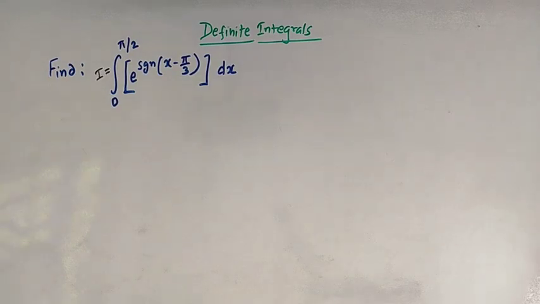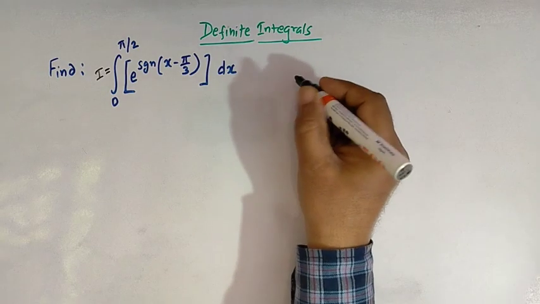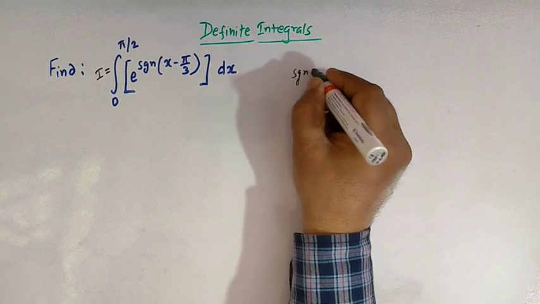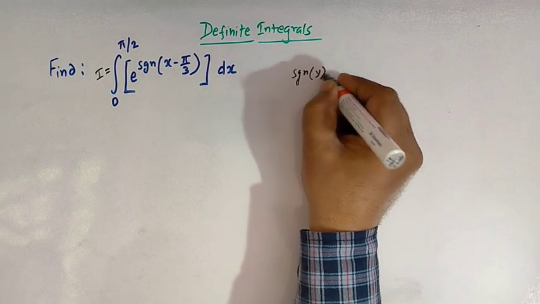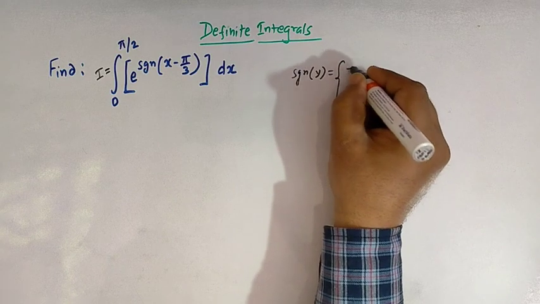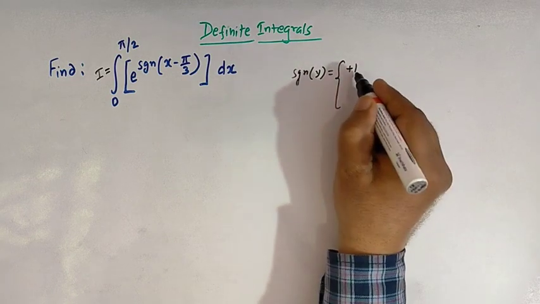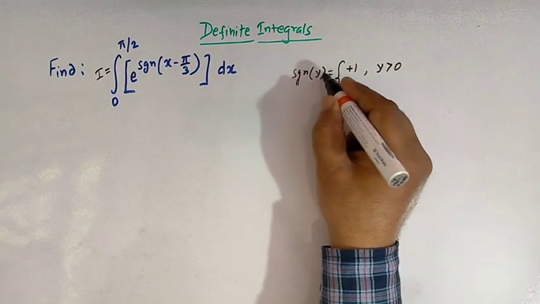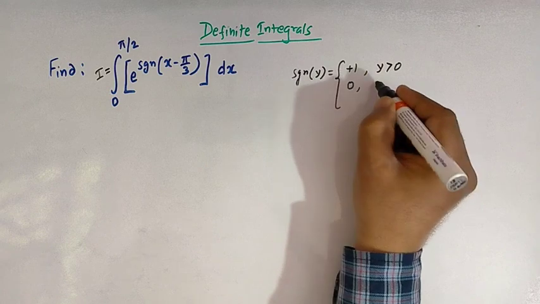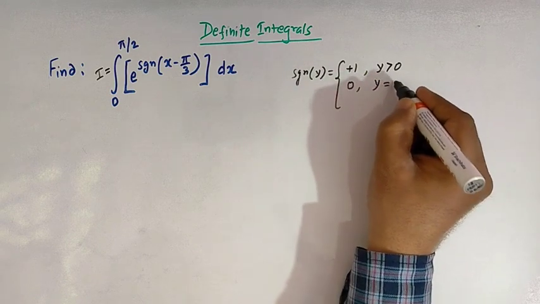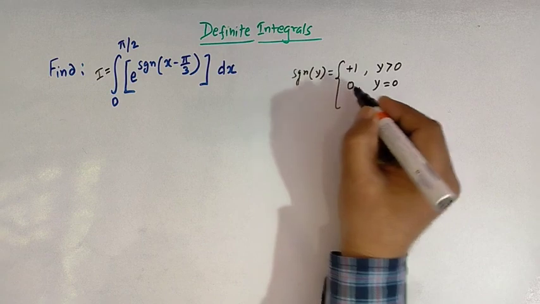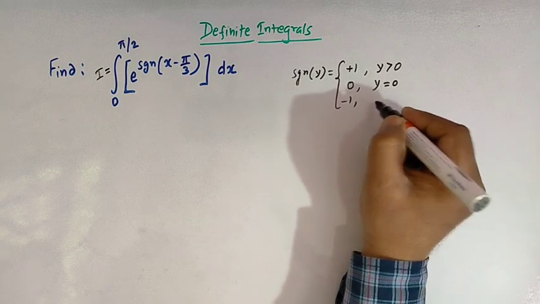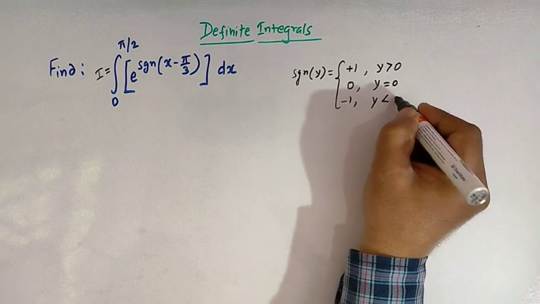Now before proceeding further, let us quickly revisit the definition of signum function. We know that signum of y takes the value plus 1 for all y greater than 0, signum of y takes the value 0 when y is equal to 0, and signum of y takes the value minus 1 whenever y is less than 0.